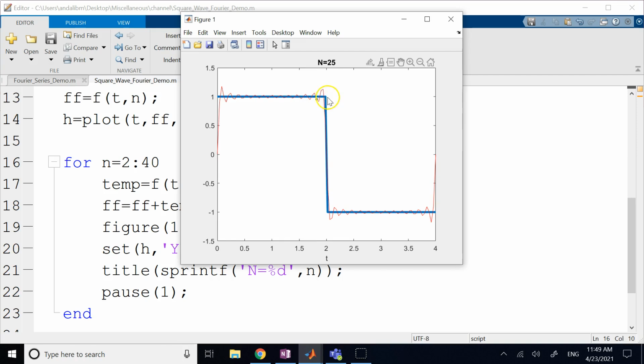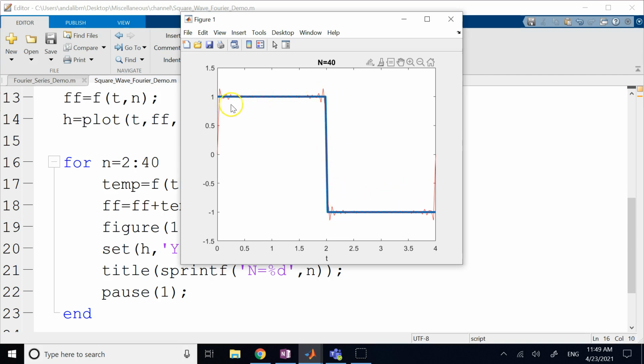If your underlying function has sharp corners like these, then you can never catch them, because you are using sine and cosine functions, which are smooth functions. They do not have any sharp corners. So by adding a bunch of sines and cosines, you can never catch sharp corners. It's impossible. You can only get close to them.